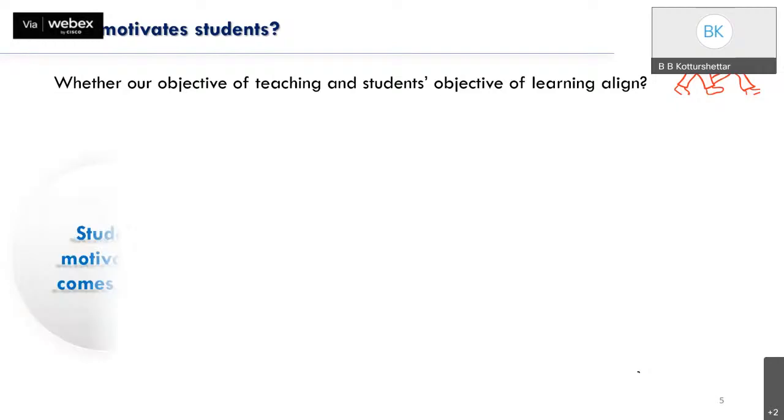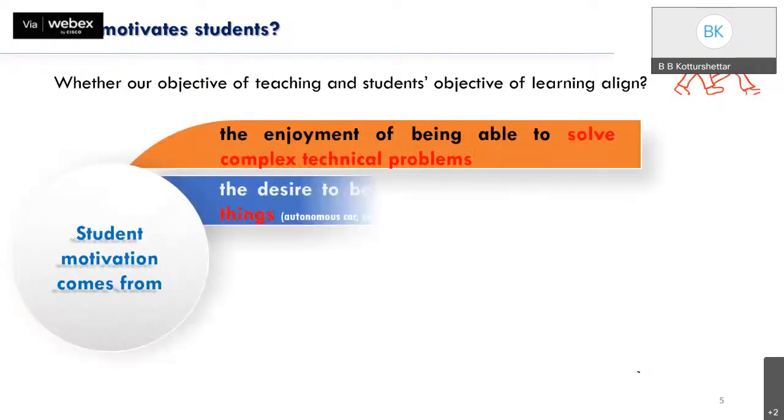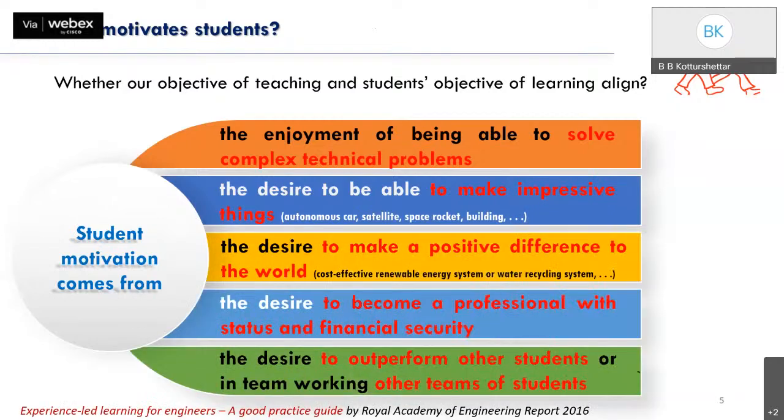And interestingly, students' motivation comes from when they solve complex technical problems. It is not me telling. The Royal Academy of Engineering came up with a report in 2016, titled Experience-Led Learning for Engineers, a Good Practice Guide.